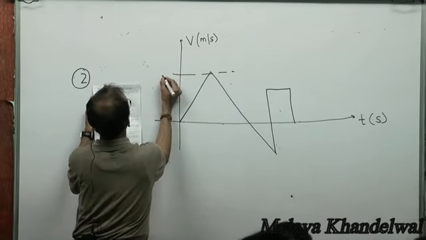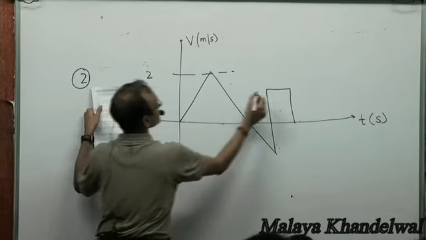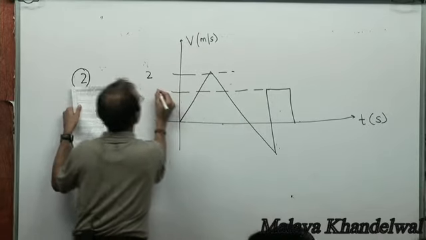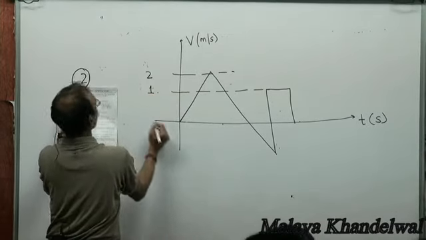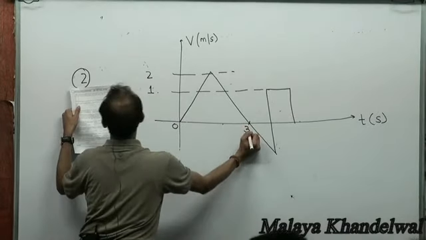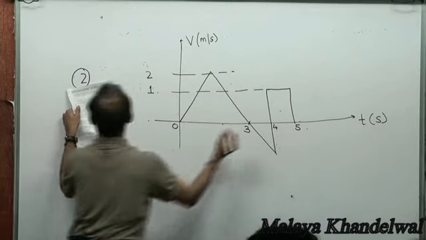This is, I guess, 2, and the upper height of this is 1, 0, 3 seconds, 4 seconds, 5 seconds.